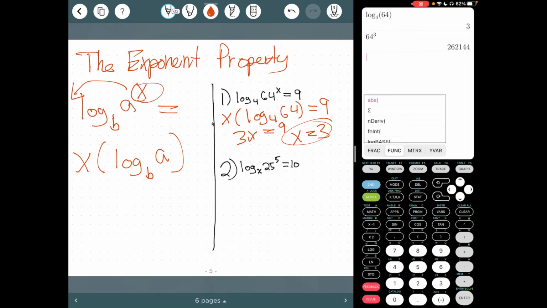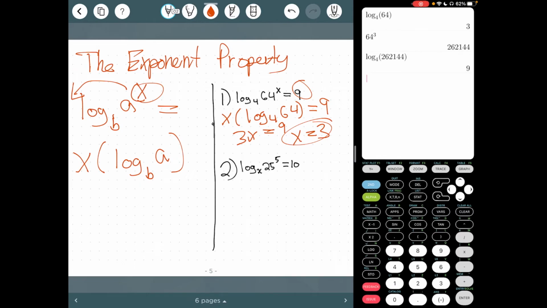And log base 4 of 262,144 is 9. So we can check to make sure the solution is correct, which it is, 9.